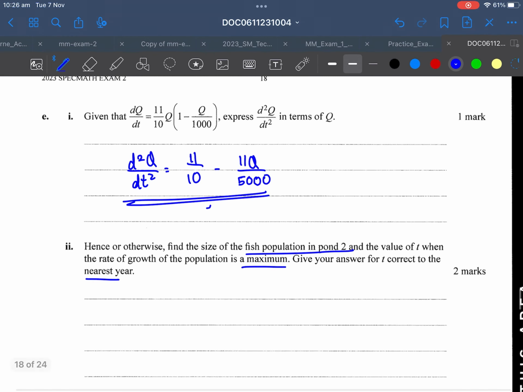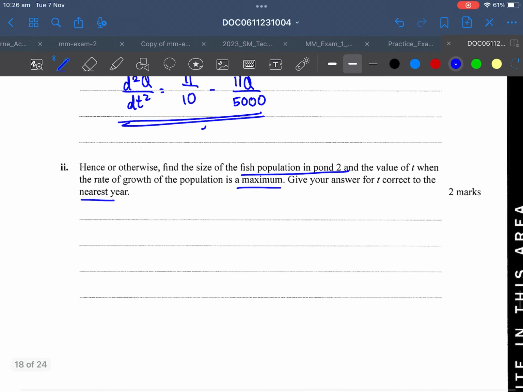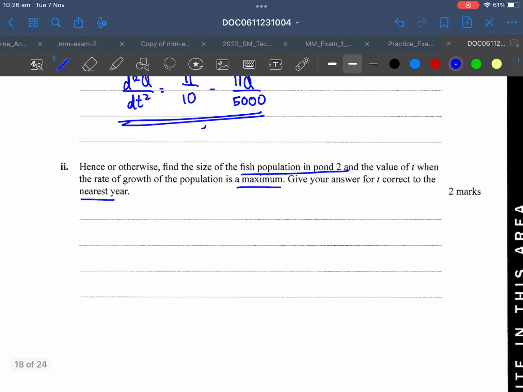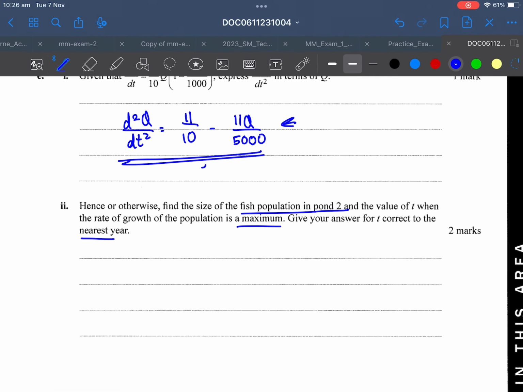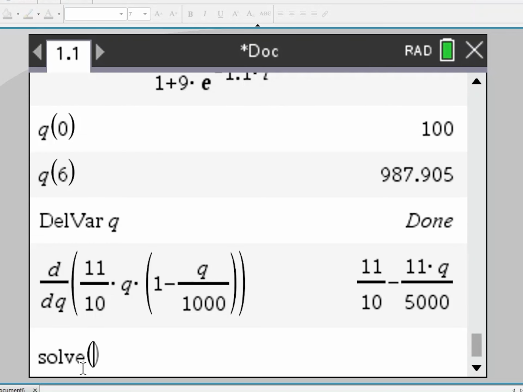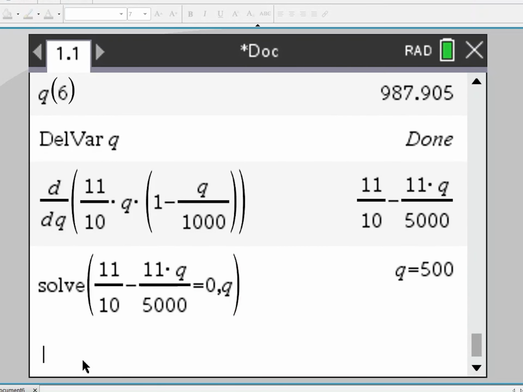So we can just set this equal to 0, so dQ/dt equals 0, to find the value of Q. So solve that, we get Q equals 500, and now we have to put the 500 back into this equation.